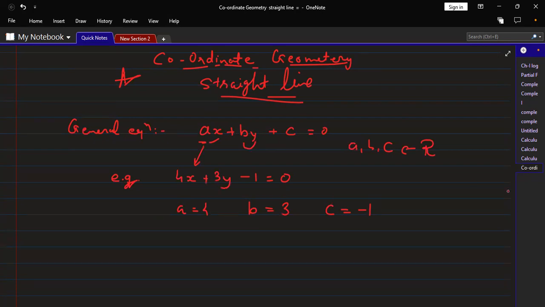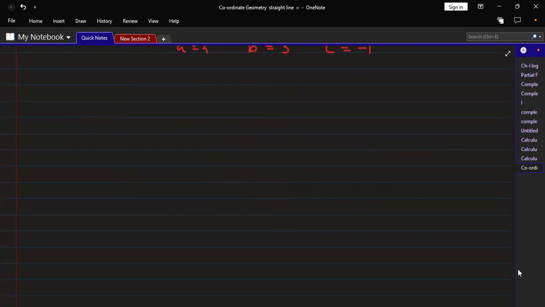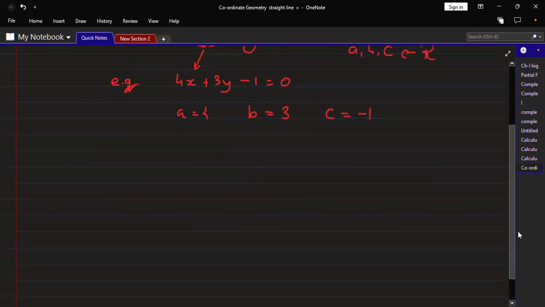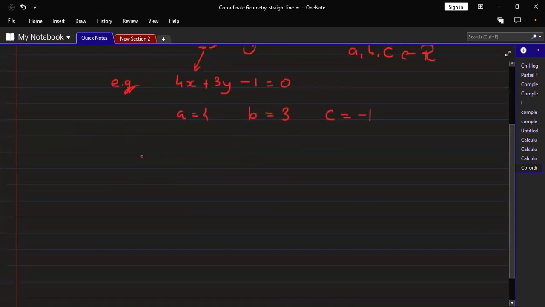Now the use of straight line is like slope, okay, then intercept. Okay, so we have three new subtopics of straight line. First is slope of line.